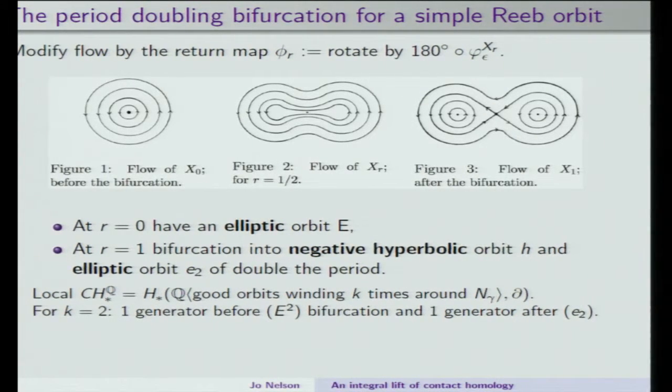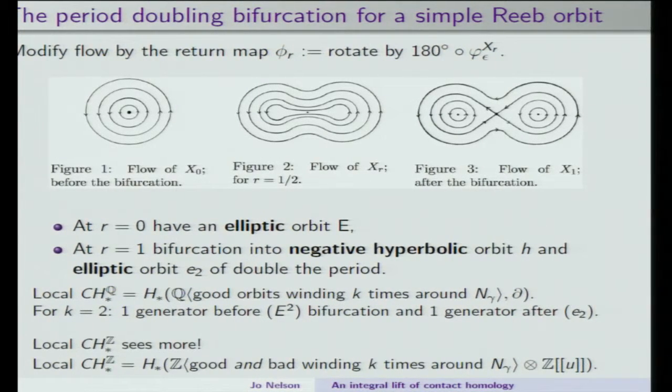So locally, the classical version of contact homology would be generated by good orbits which wind k times around some neighborhood of your Reeb orbit. And for k equals 2, we'll have one generator, which is going to be going around the elliptic orbit twice, and one generator after. And the reason why we only have one generator after is because the negative hyperbolic orbits are going to be bad orbits, so we have to throw out their even multiple covers.